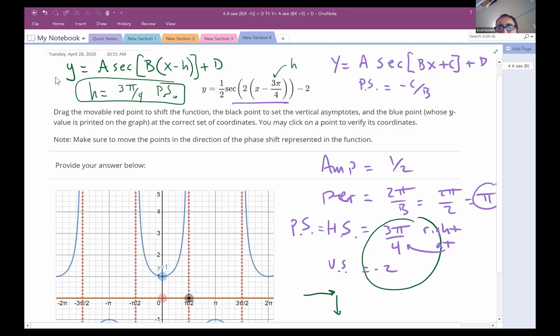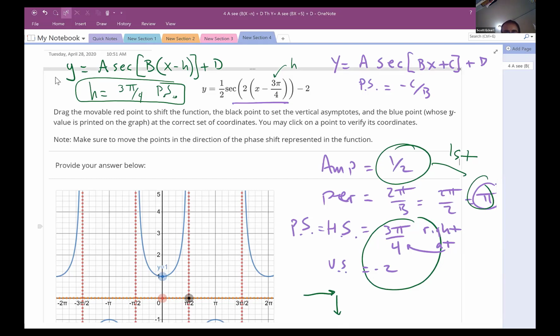Actually, I think with Newton, we need to get the period and amplitude right before the shifts, because once we shifted, then it's hard for me to know if I have the right period. So I think I'm going to do the period and amplitude first, and then the shift afterwards, because of the way Newton is pre-programmed and the graph is already there. I'll explain what I mean when we get back to Newton here.